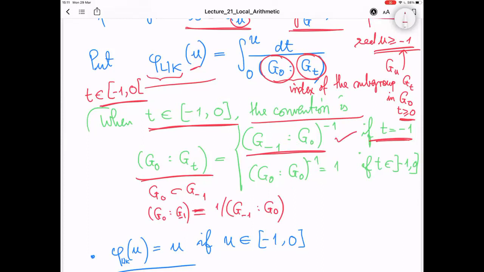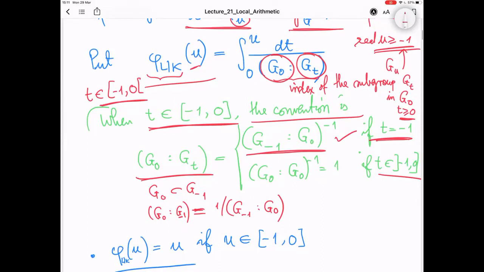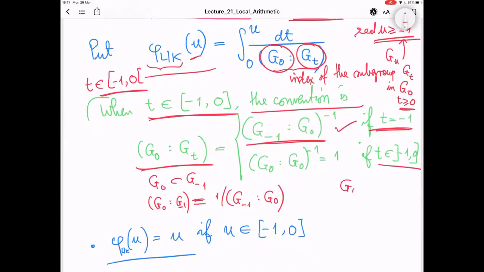But if T is not equal to -1, which is to say if T is strictly between -1 and 0, then this G_T is actually equal to G0, and the index of G0 in G0, that's just equal to 1.